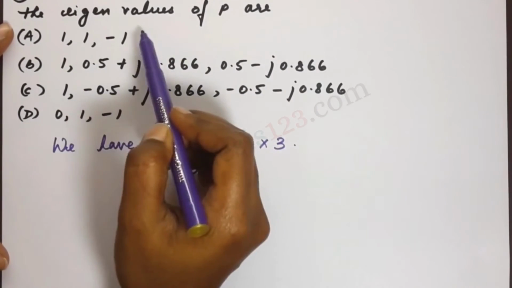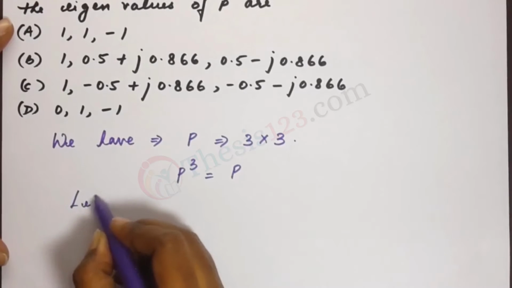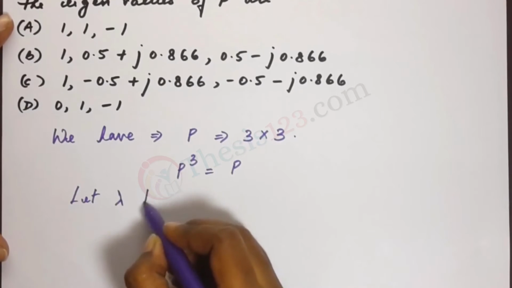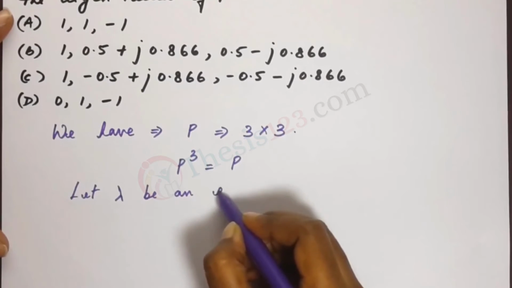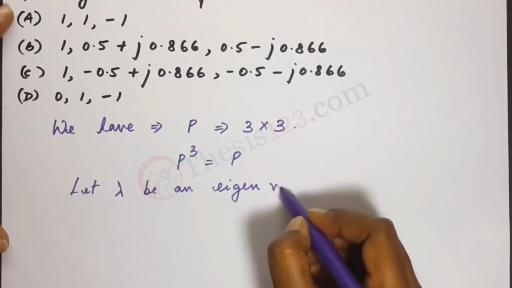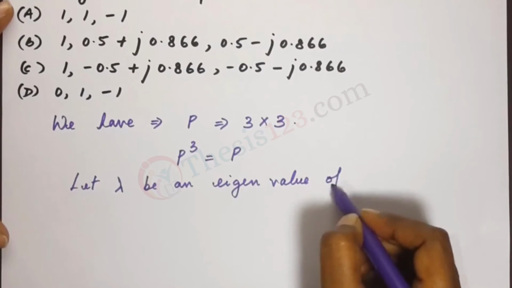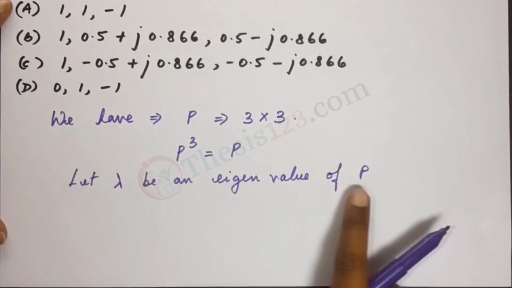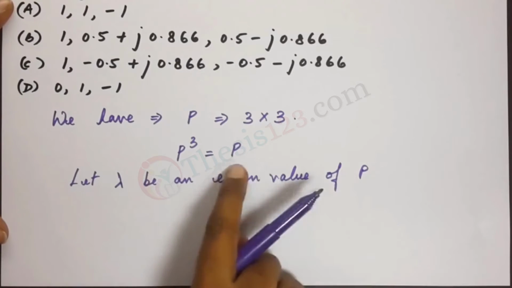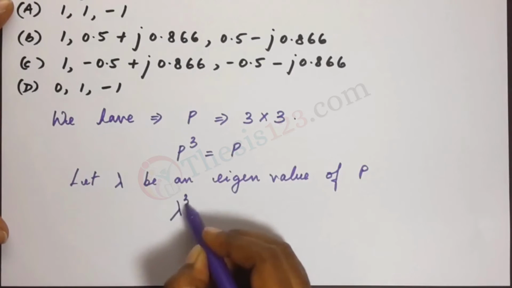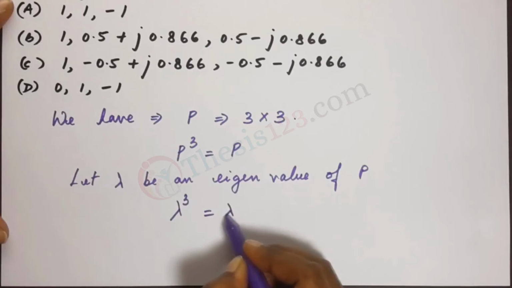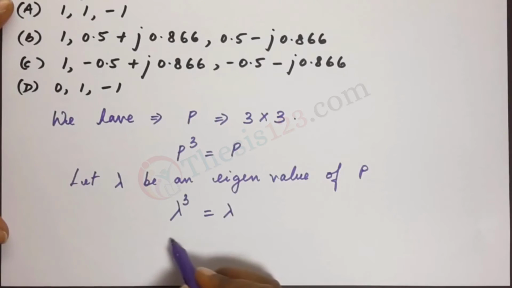Now since we are talking about eigenvalues, let lambda be an eigenvalue of P. So if lambda is an eigenvalue of P, lambda satisfies the equation given to us. So lambda cube is equal to lambda. Now let's write this in equation form.